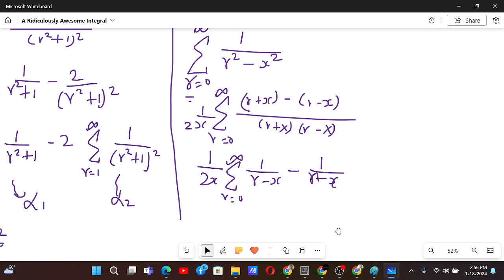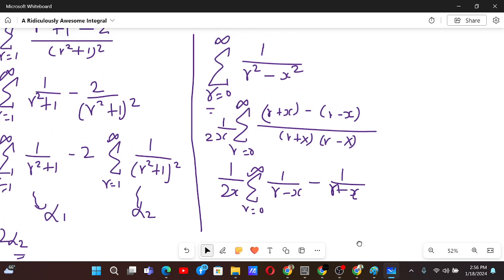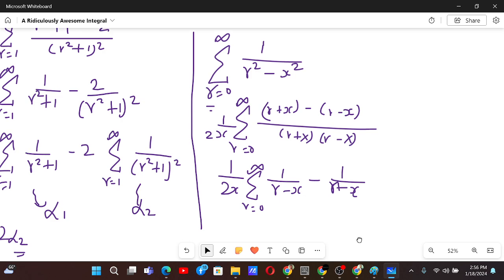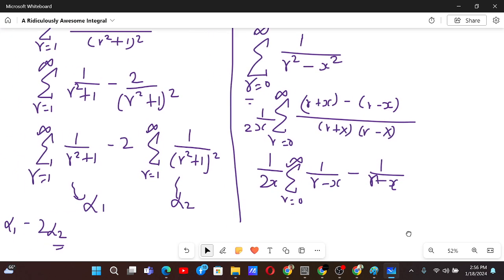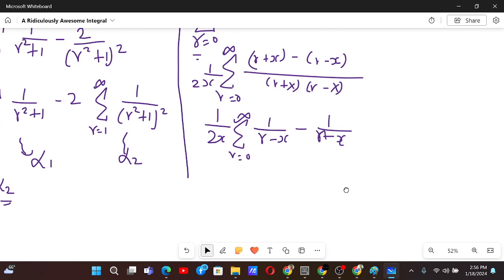This is going from 0 to infinity, but this one is going from 1 to infinity. That's fine. Let us take it from 1 to infinity because we need it to be from 1 to infinity for using standard digamma formulas.